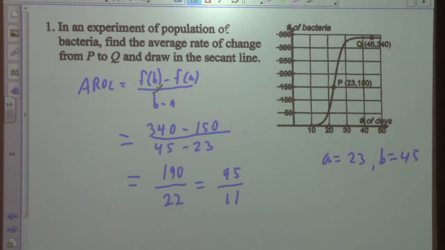And then the one thing you look for too is you try to find the units, because it's a rate of change. And it says draw on the secant line, right? So we can draw it in. What are the units of this? Number of bacteria, days. Bacteria per day.